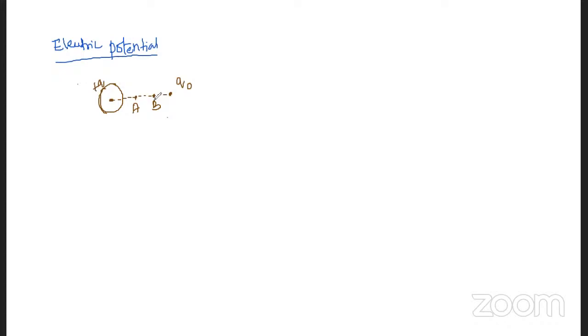Why? Because this charge Q is exhibiting a certain electric field, and within this field the test charge is there. Now we are moving the test charge Q naught against this electric field from point B to point A, so we have to do some work.